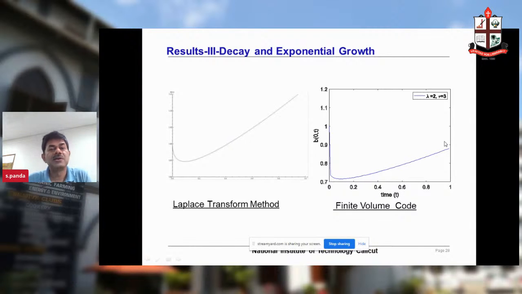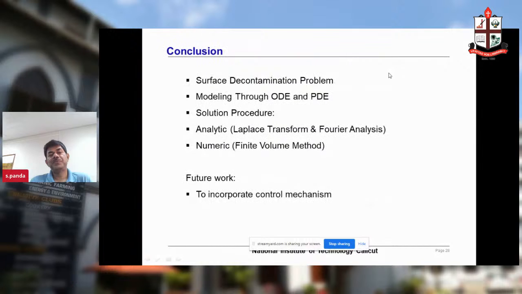So this simple example indicates that the bacteria are not totally eliminated. They have the potential to grow, and this is one scenario. So if your product is not perfect, the industry has to justify that if it is not up to that mark, then this type of phenomenon we can observe.